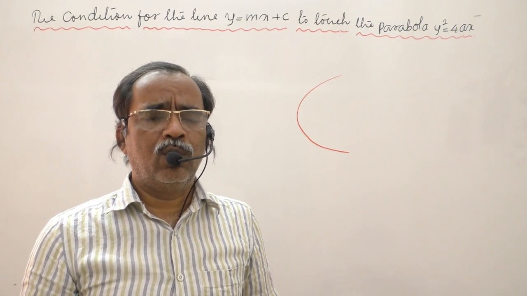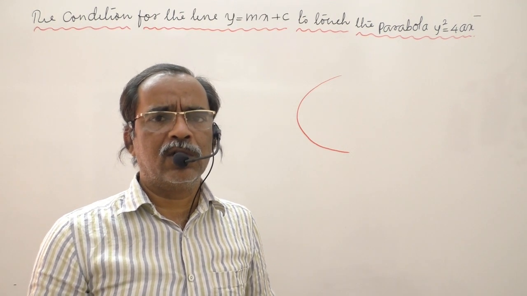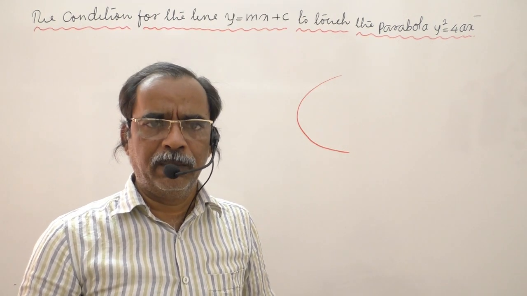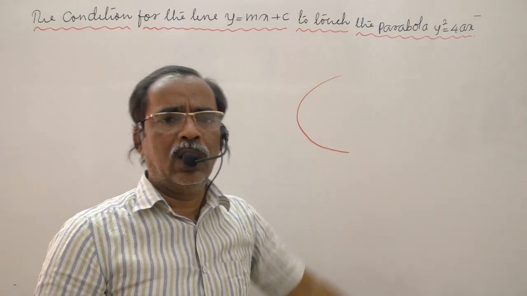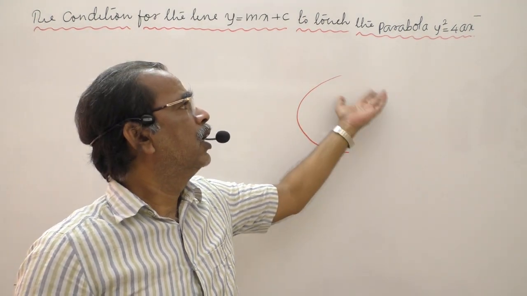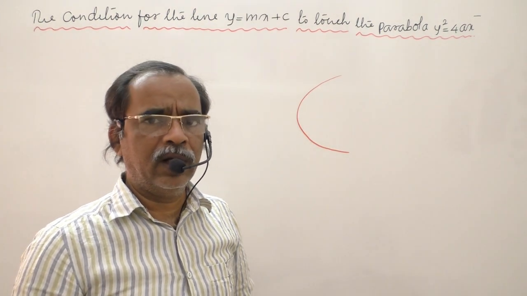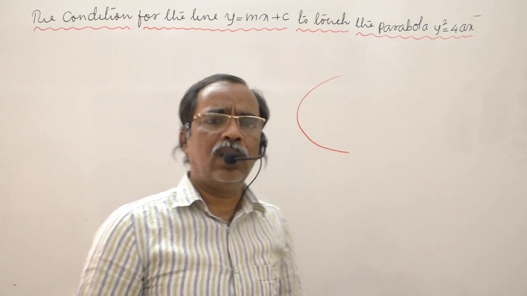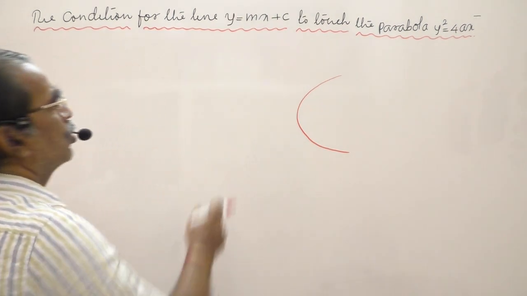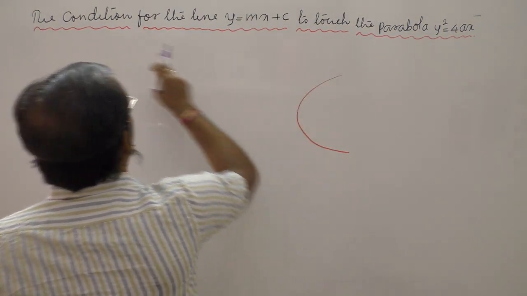It takes time to discuss all those different forms of parabolas separately. Therefore, we will discuss this parabola only. In the problems, if some other parabola is given, then you extend the same concept to those also. So here a parabola is given and a line is given.